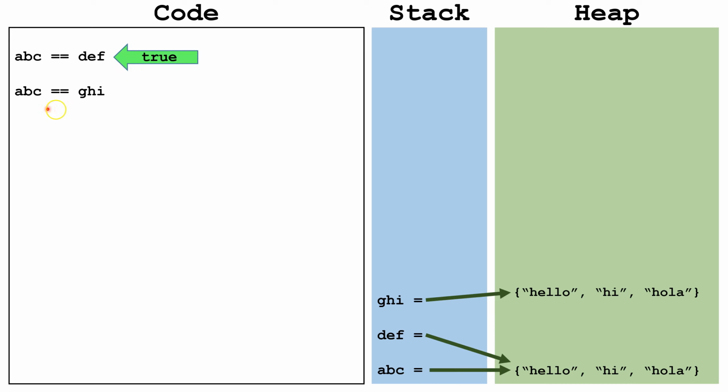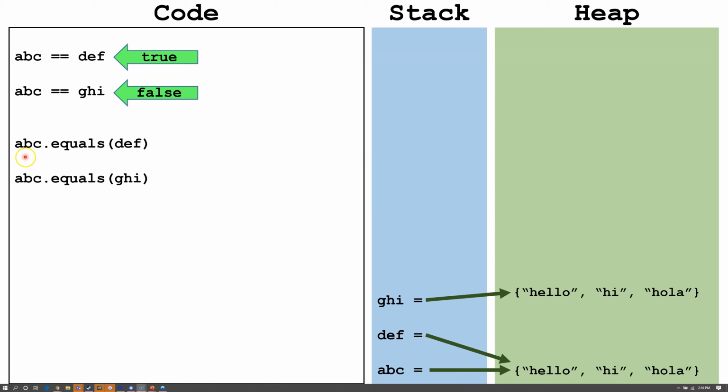Here we're saying ABC == GHI. Now, ABC and GHI are pointing at identical objects, however, they're in different memory locations on the heap, so this will evaluate to false. For this reason, == is usually not a good way to compare objects in Java. Now let's look at using the equals method. For ArrayList, equals is a deep comparison, meaning it's going to check the contents of the object, not just where they are in memory.